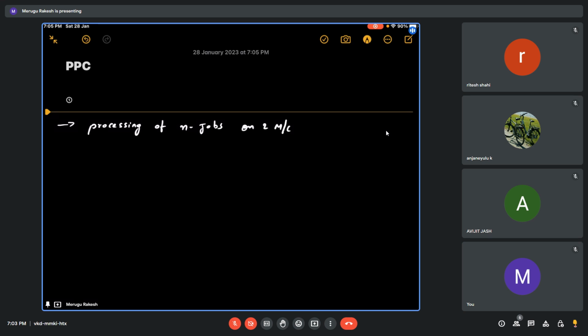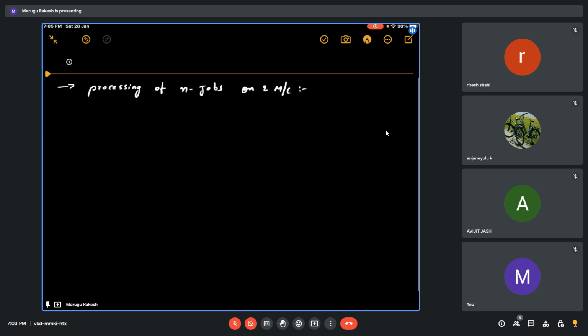I'm writing machines as the shortcut m/c. In this we will have n number of jobs, but only two machines. There are certain cases: n jobs with two machines, n jobs with three machines, then two jobs with n machines. So there are certain models, but for GATE there are very few models that you need to cover. So let me take an example.